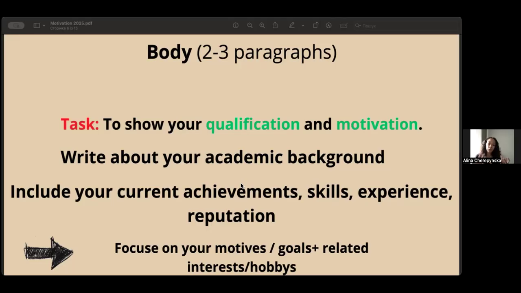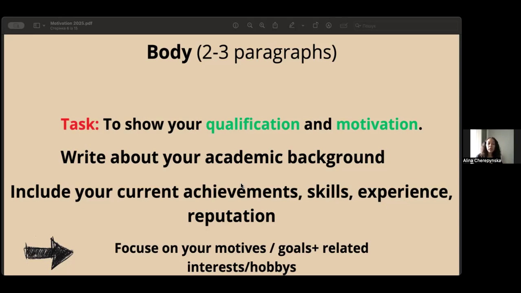If you think it is worth mentioning in the body part, you may include it, but remember that it's not about, for example, humiliation, as well as it's not about over-emotionalism. So if you have something to say based on your achievements and your experience about your reputation, it's better to include it in your motivational letter.